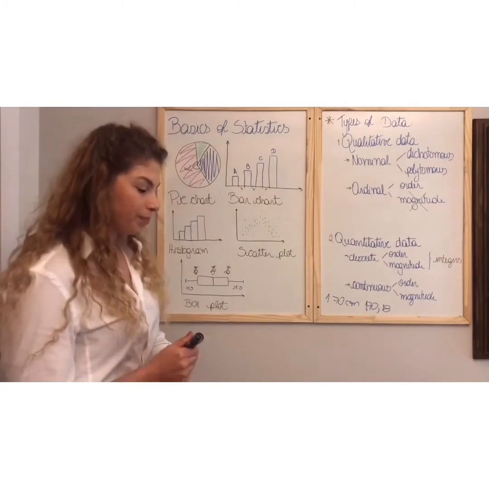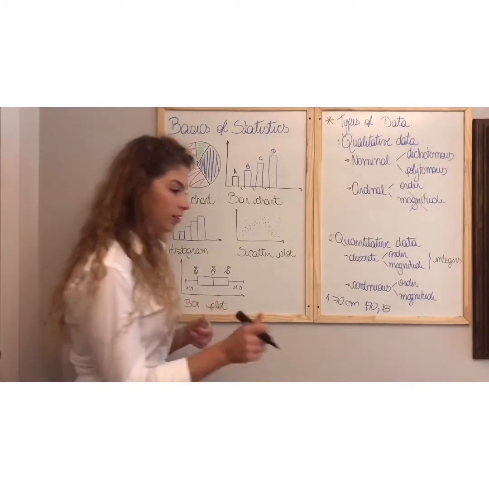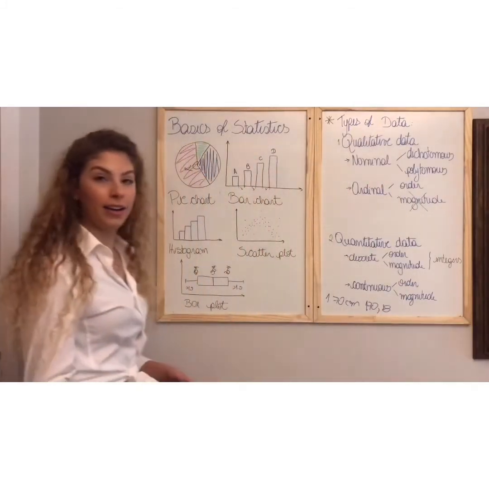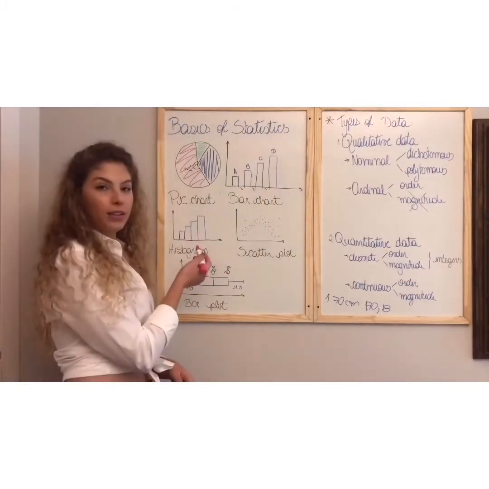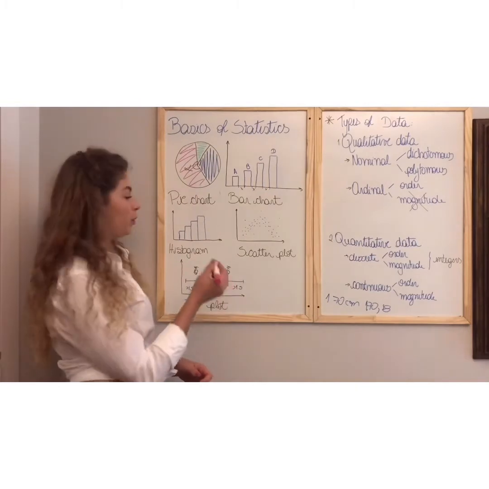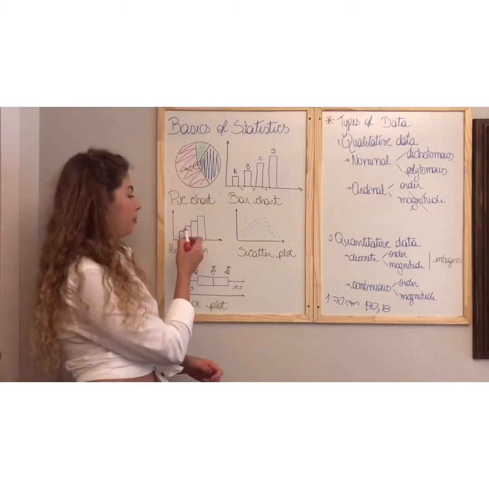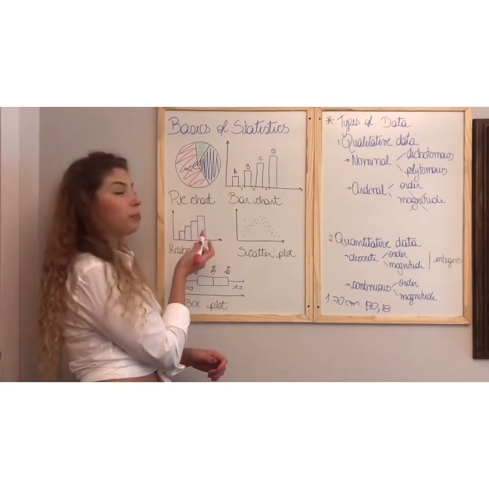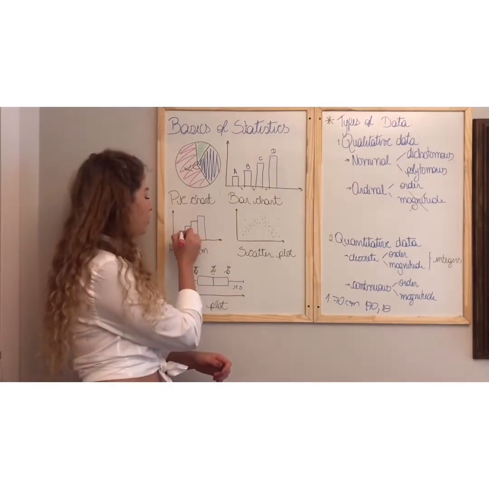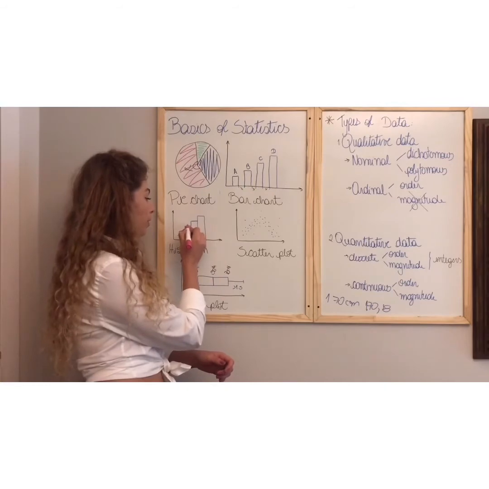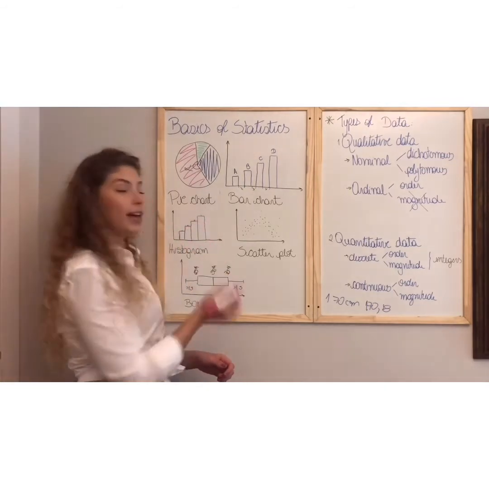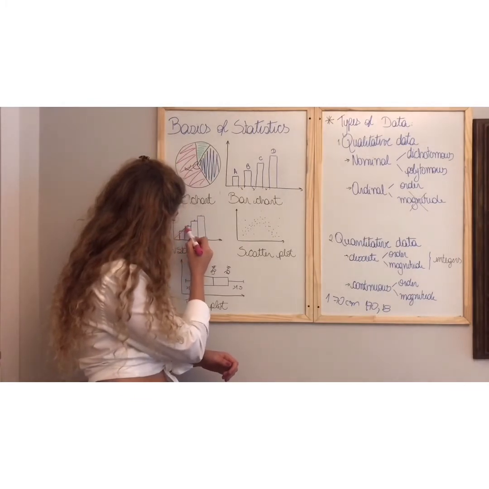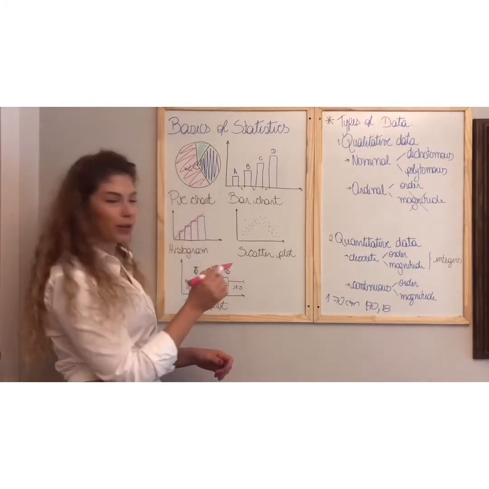We can draw a line chart while we have a histogram. We pick the upper part of each bar, and at the midpoint we draw little points, here, here, and here, and then we connect them with a line. That would be something more or less like that.